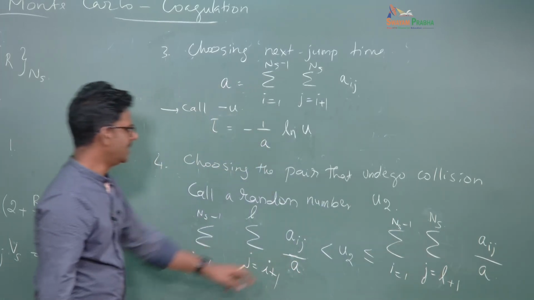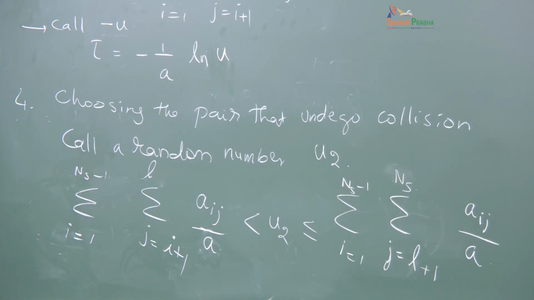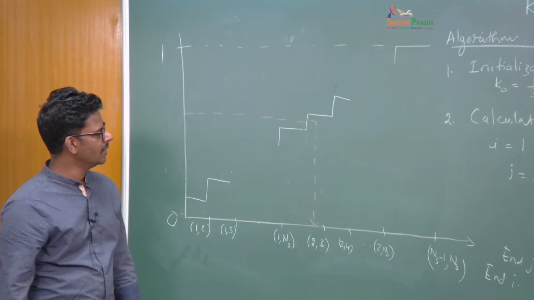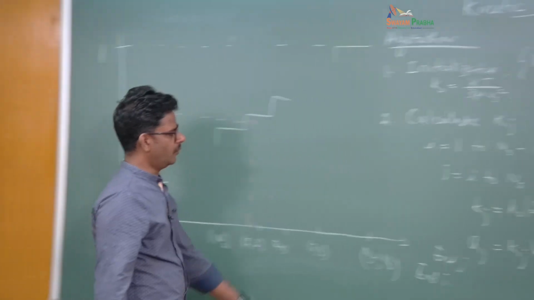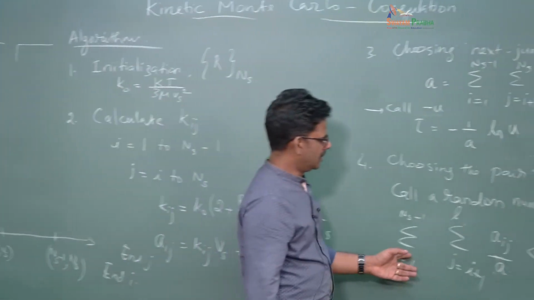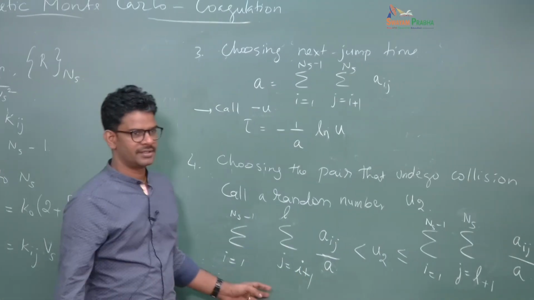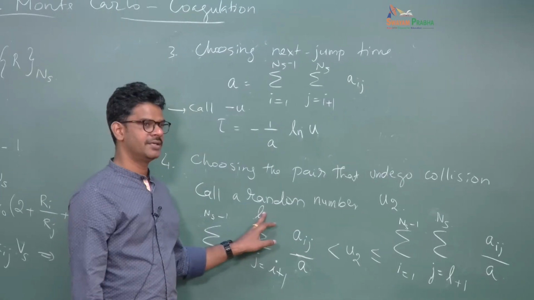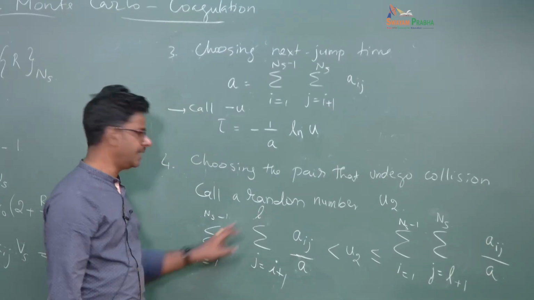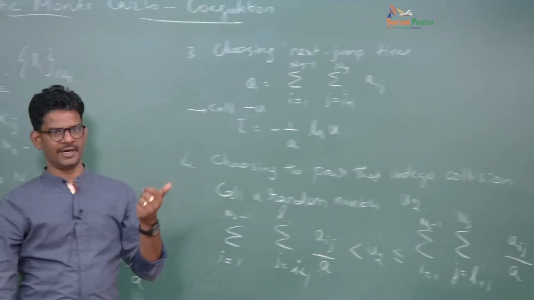Okay, so this basically allows you to do the searching algorithm that we are talking about here. So then once you screen this particular expression, you will find a pair i and L, and those are the colliding pairs.